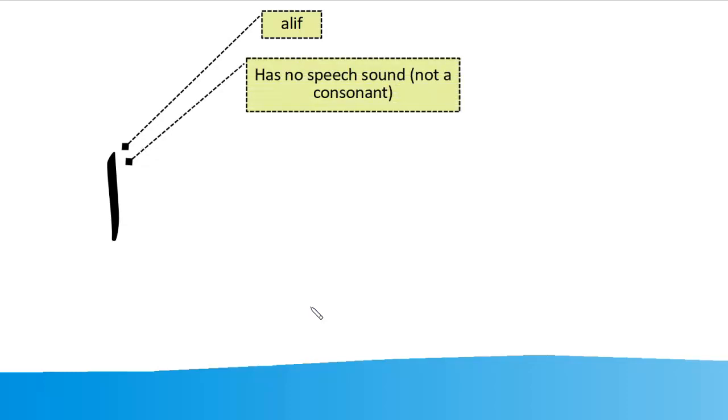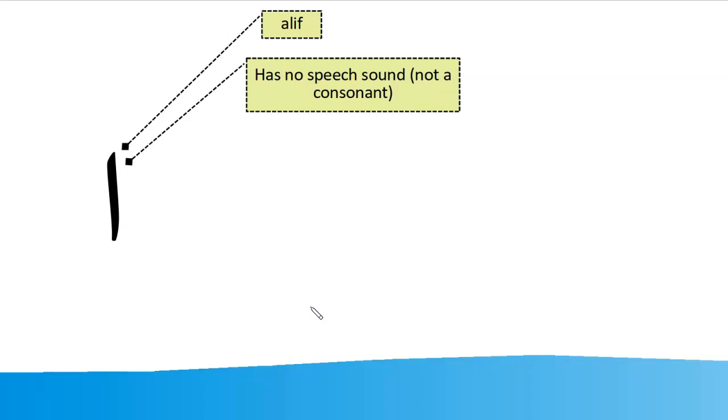Now, the next letter we have is called Alif, of course, and most of us are familiar with Alif. Why did we start with Hamza before Alif? Because in Arabic grammar, Hamza is actually the first letter, not Alif, and that's why we discussed Hamza prior to Alif. So it's called Alif, and we have this. It has no speech sound.